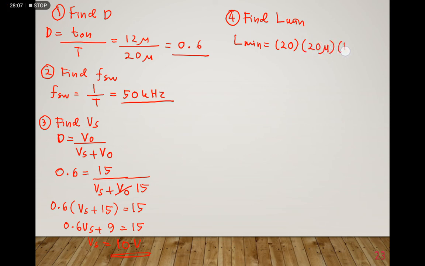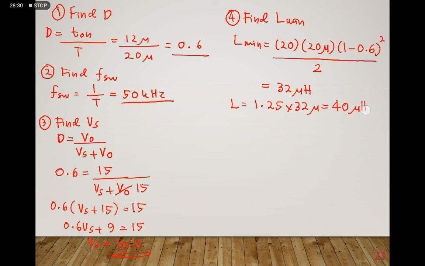Multiplied by 1 minus our duty cycle, over 2. So we will get 32 microhenry, and then our L is 1.25 multiplied by 32 micro, which gives 40 microhenry.